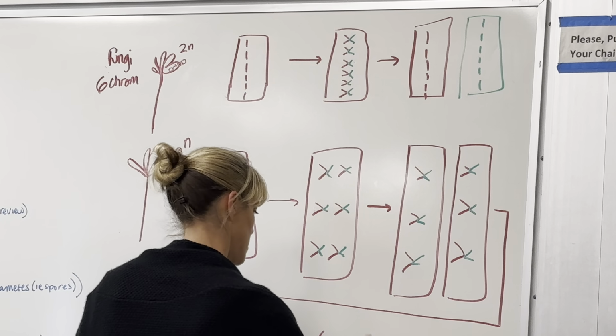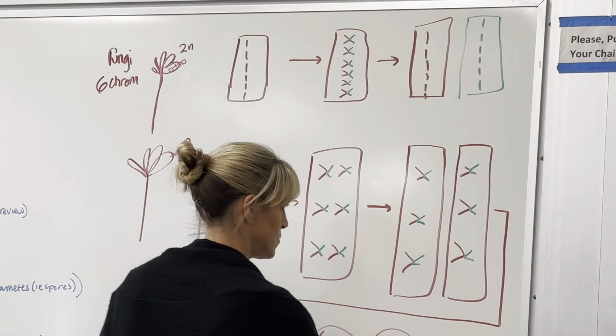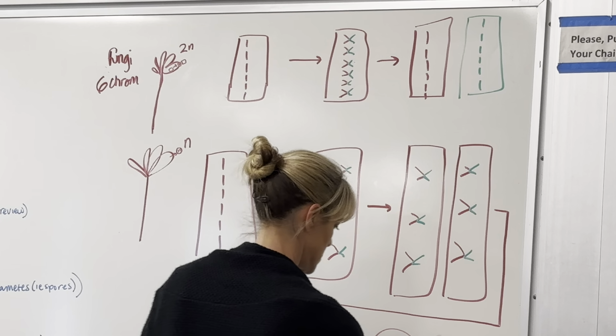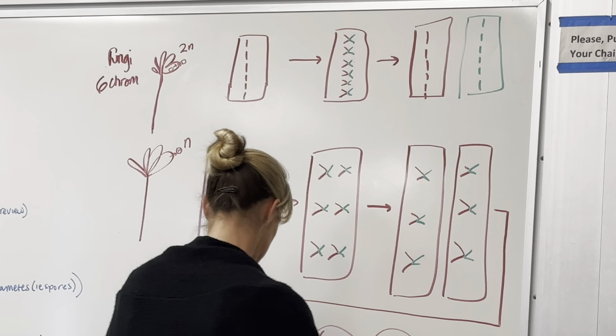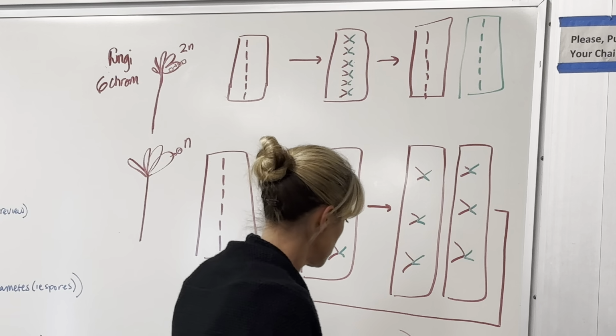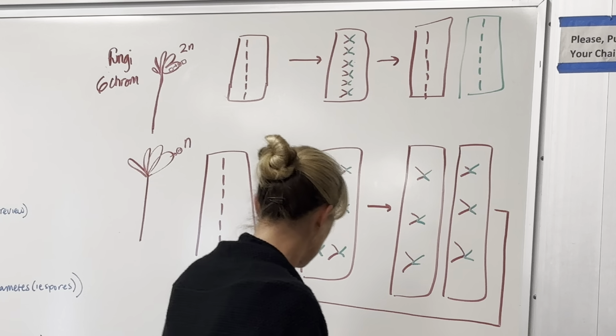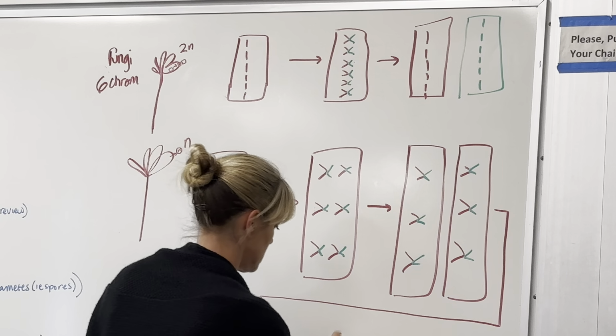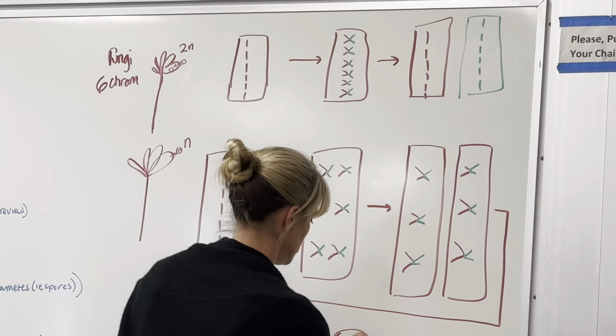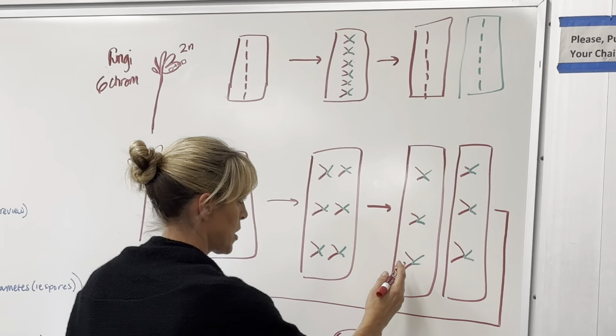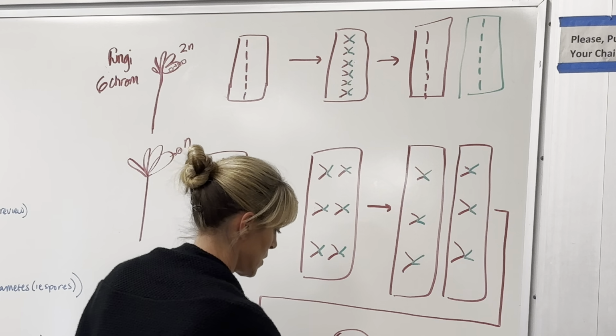There's gonna be 1, 2. So then you have, these are gonna split apart to this one, so then you have 1, 2, 3.